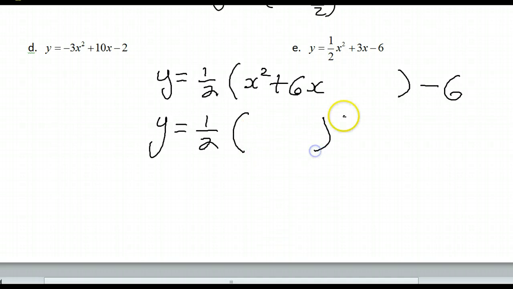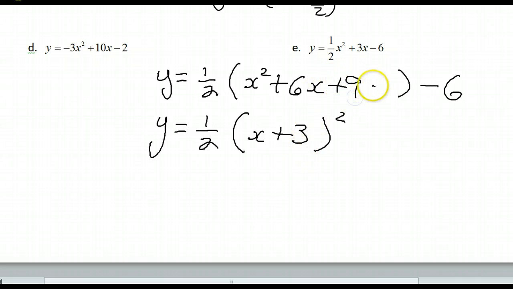Okay, I need something squared. This is the binomial that we're going to square, plus to match that. Half of 6 is 3, and 3 squared is 9, so I go plus 9. Now I should subtract off 9, but I got to multiply it by a half, so I'm going to subtract minus 1/2 of 9.